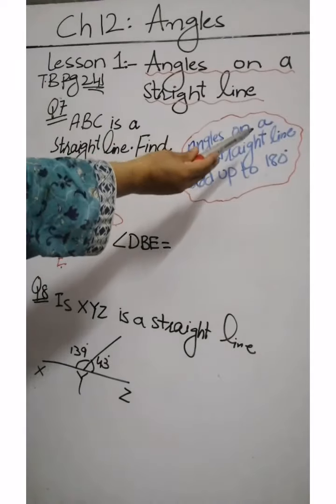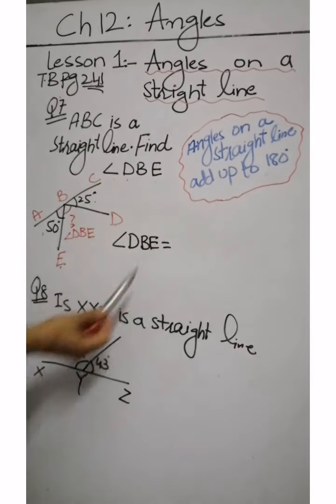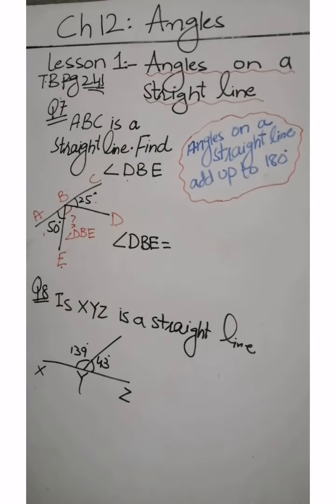Now we have these three angles on a straight line and we must know the property that angles on a straight line add up to 180 degrees. In other words, when I add these three angles, the answer must be 180 degrees.